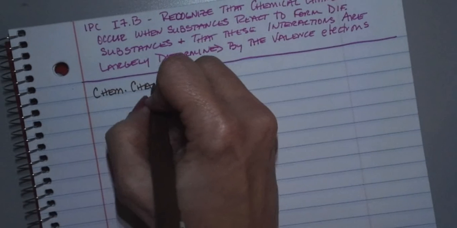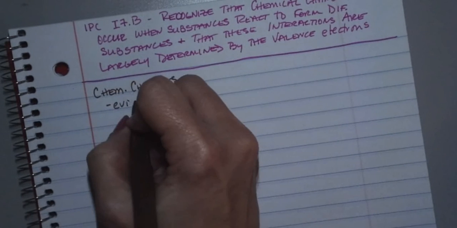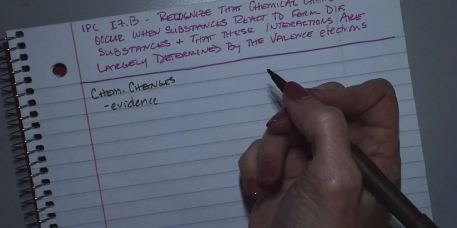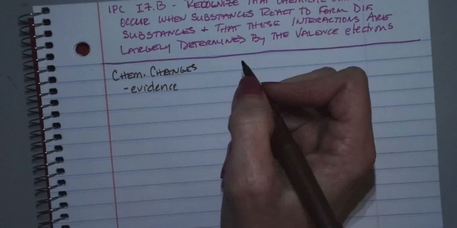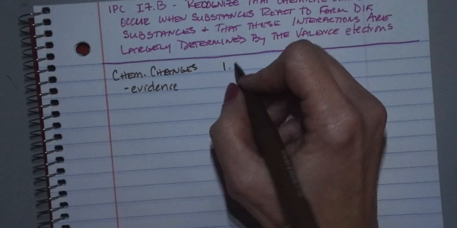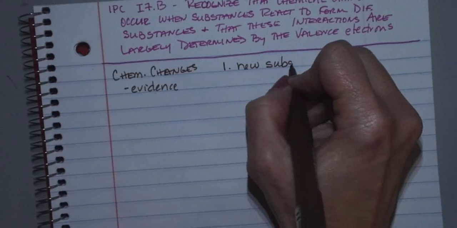Chemical changes, we look for evidence. What is their proof that a reaction has happened? And you usually look for more than one piece of proof, but here's a list of things that we look for. So one, we look for new substances created.